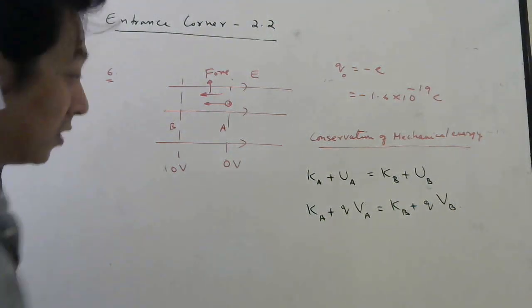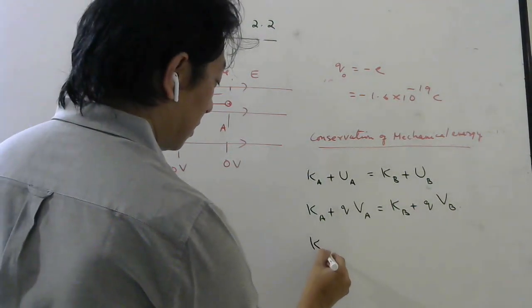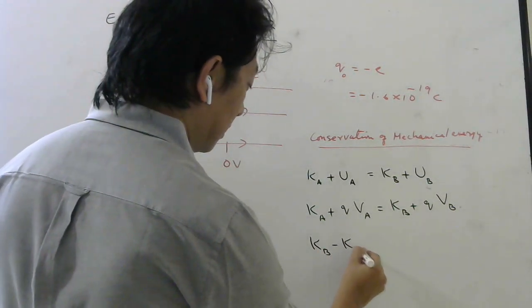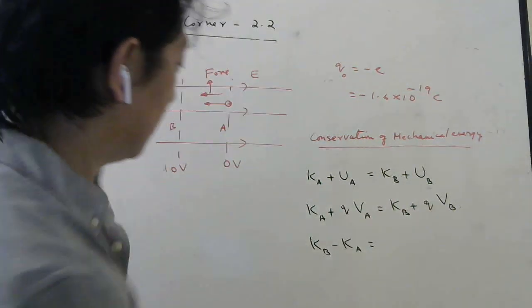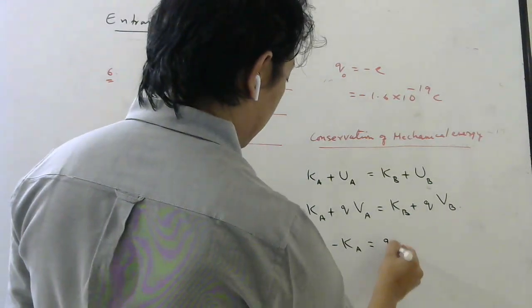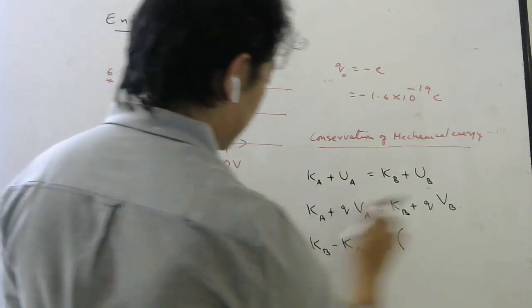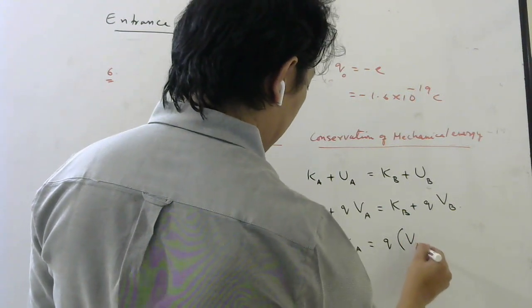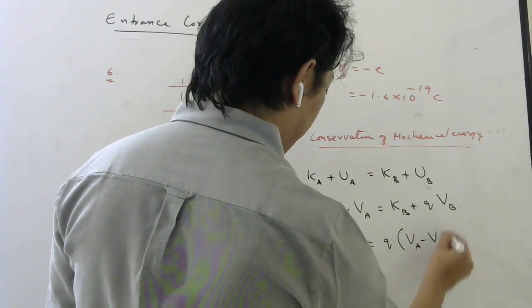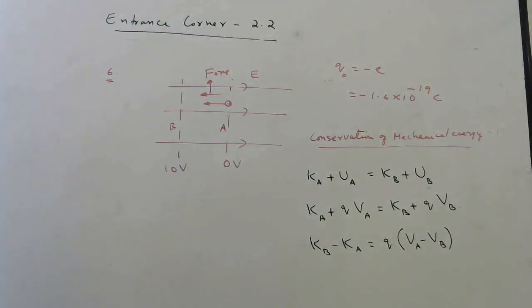Right, students? So they want to know what is the increase in kinetic energy. Take K on this side, this will come this side. So it will be Q into, I took this side, this will come here, VA minus VB. Okay, students, everything is clear.